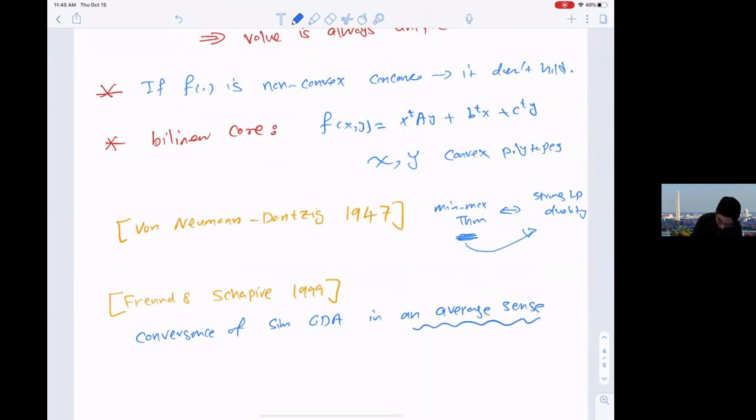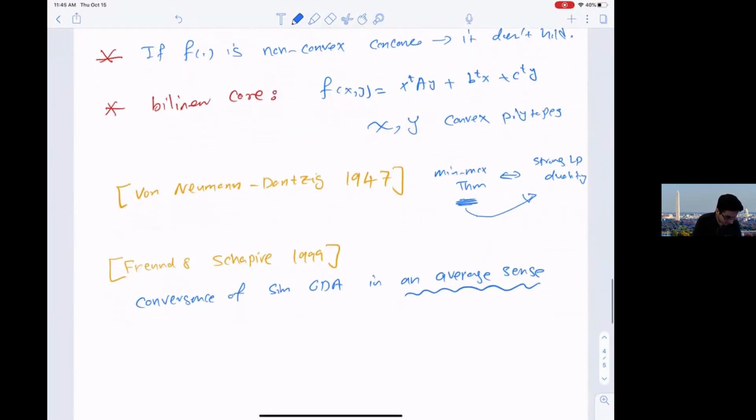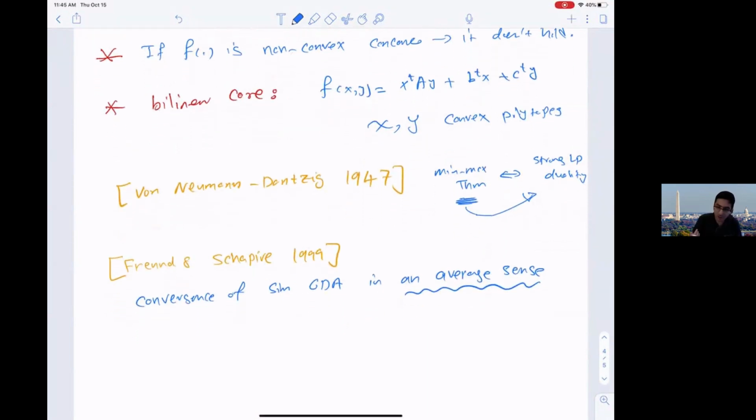So this is very important. Under the same setup as the min-max theorem, if f is convex in X, concave in Y, and my feasible set S is convex, compact, and bounded, right? So it's a nice feasible set.